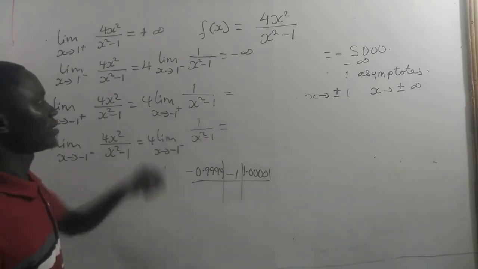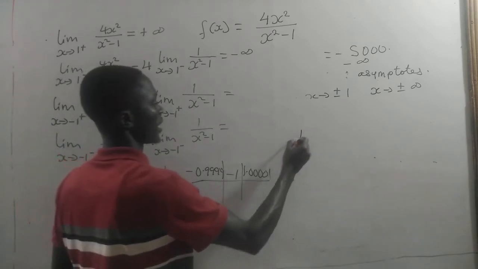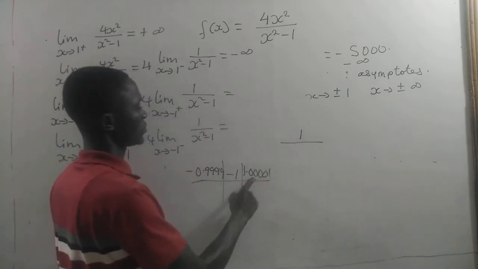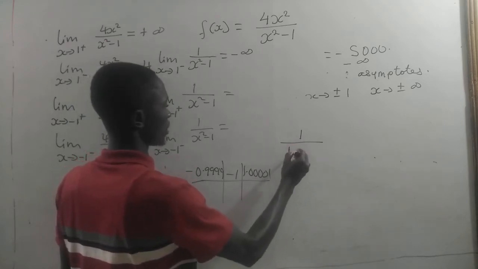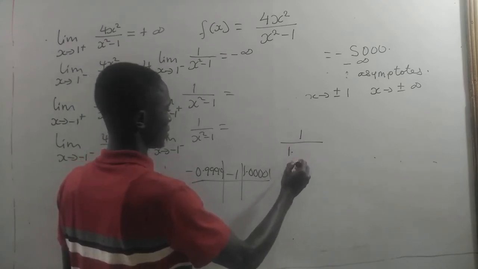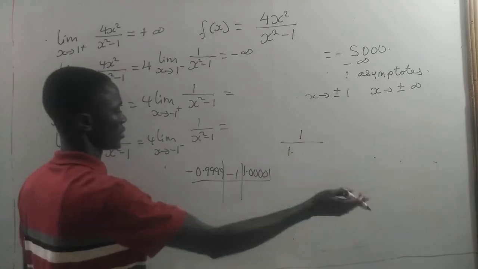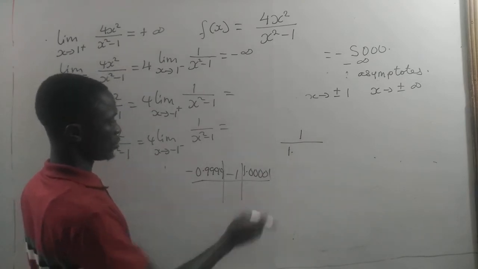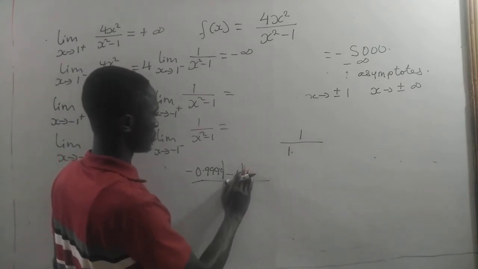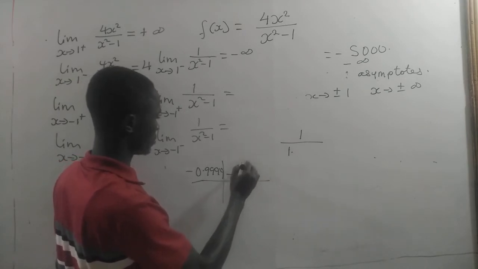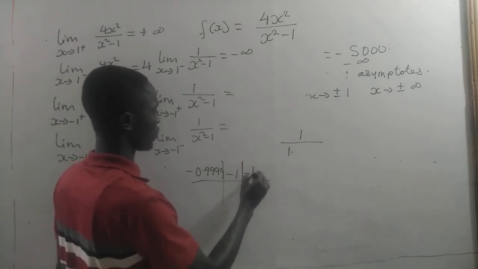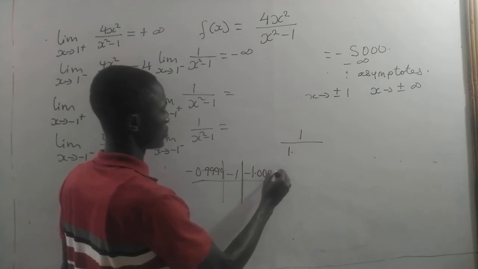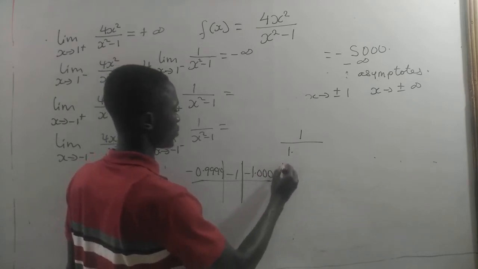So here, if I take 1 on 1 point, okay, on the right, you are going to have negative 1.00001. Yes, that's what we are going to have.